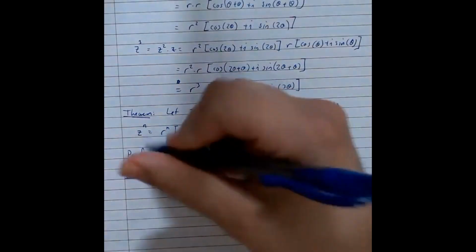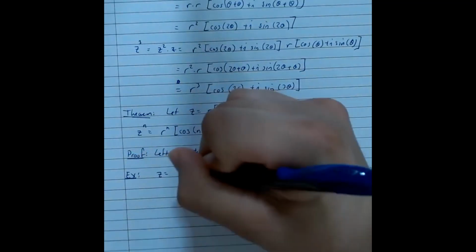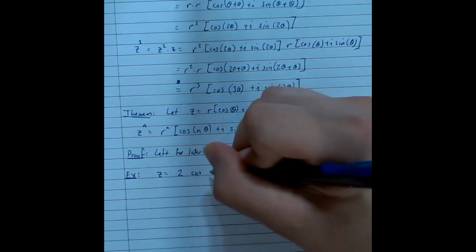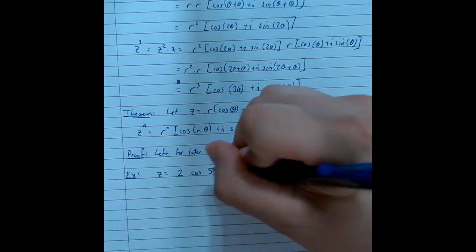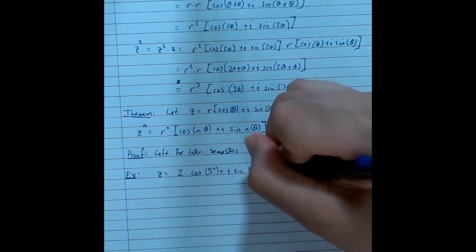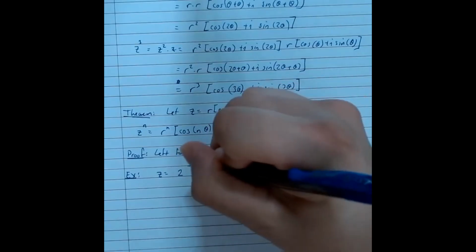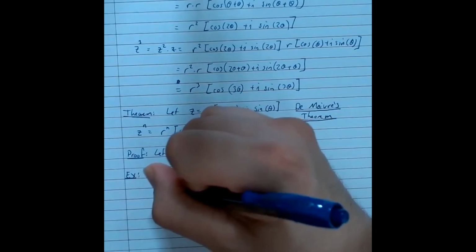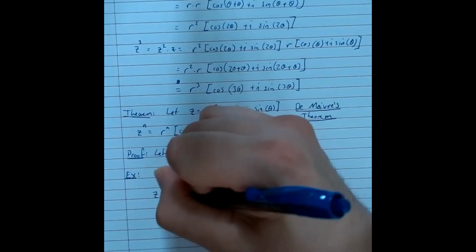So let's consider something like z is equal to, let's say, 2 times the cosine of 5 degrees plus i sine of 5 degrees. Okay. Now let me take z and raise it to the, let's say, 8th power.